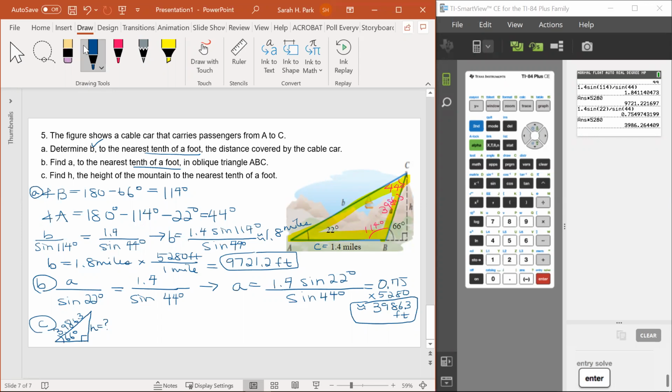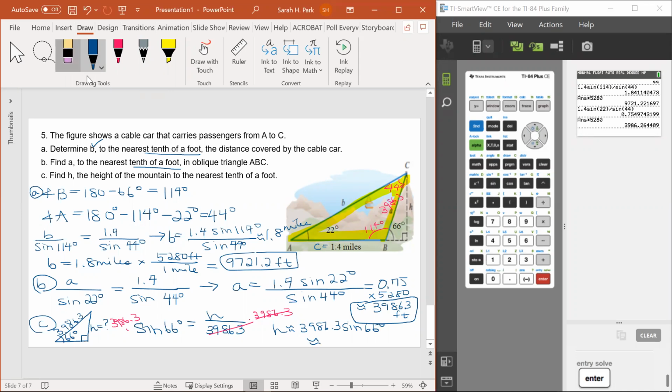Well, that's the sine. So we can set that up as sine of 66 degrees is equal to H over 3,986.3, opposite over hypotenuse. So to solve for H, we can multiply both sides by 3,986.3. So H is equal to 3,986.3 times sine of 66 degrees.